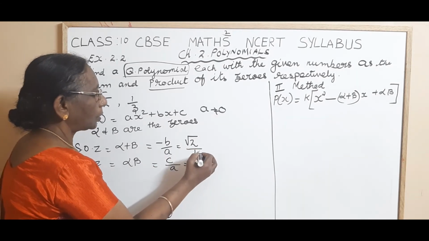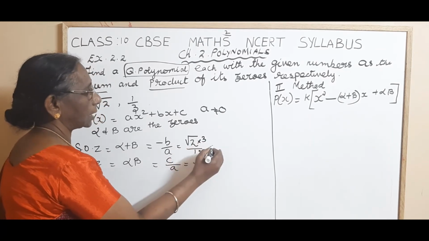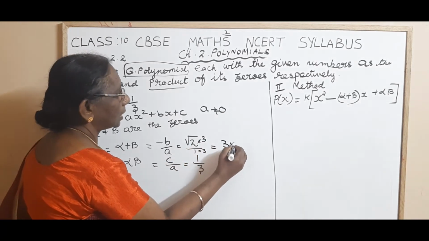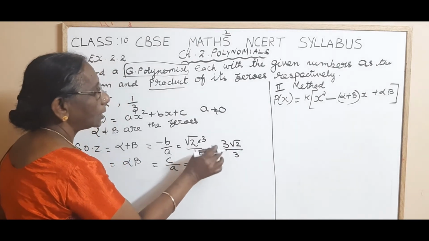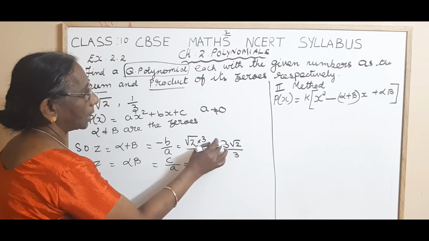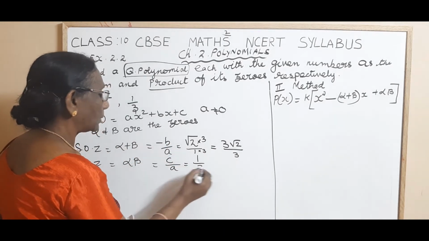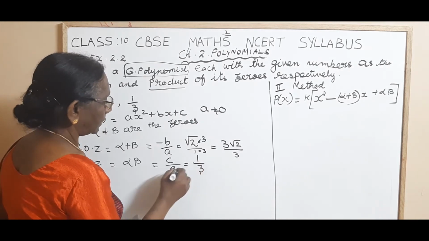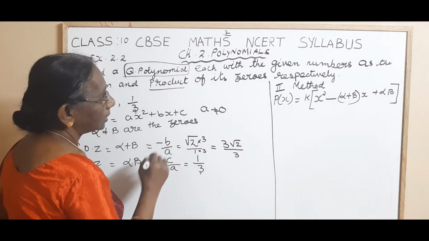What should you do? You multiply the denominator and the numerator by 3. So what do you have? 3 root 2 by 3. Now the value will be the same. If you cancel root 3 and root 3, you are getting root 2. So here you have 1 by 3. So c is equal to 1 and a is equal to 3.